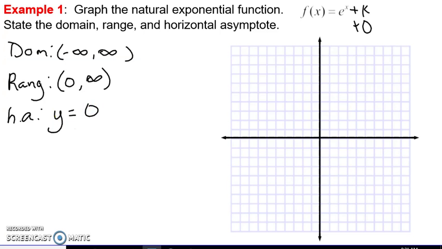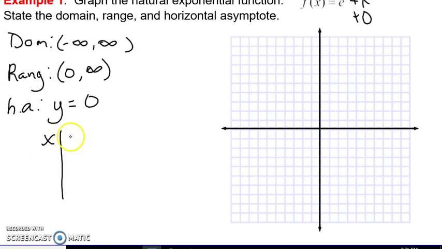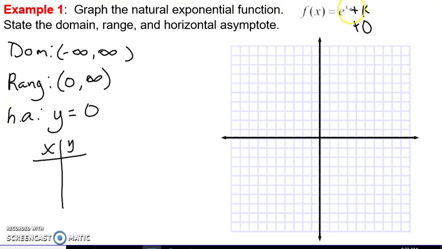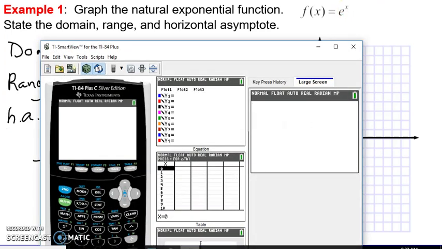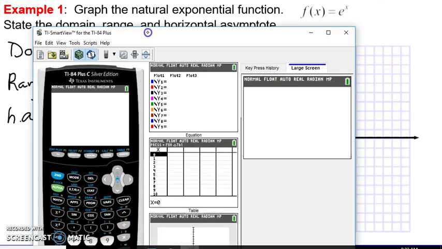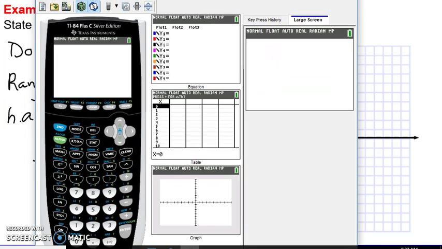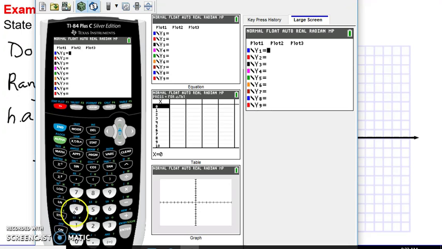So from here, I can go ahead and create a table, and I'm going to put this equation into my calculator. So the function says e to the x power. What I'm going to do is go to y equals, and I'll type e by doing second, the division sign.